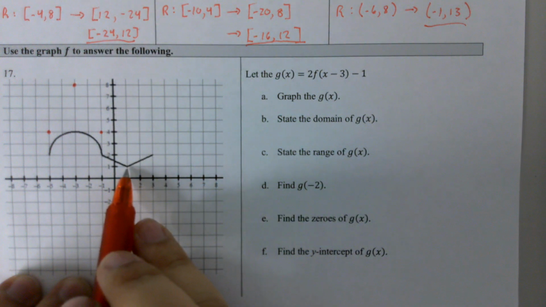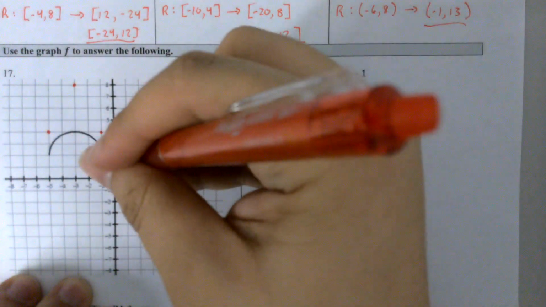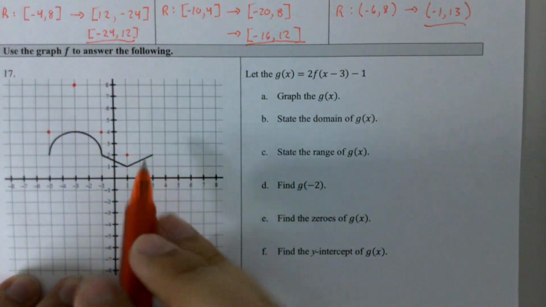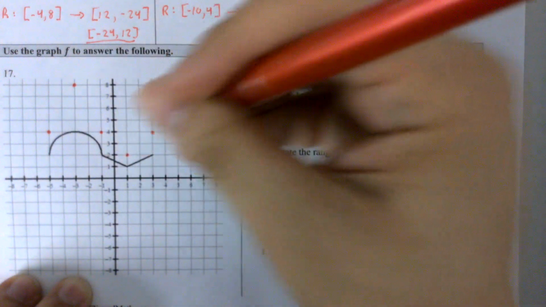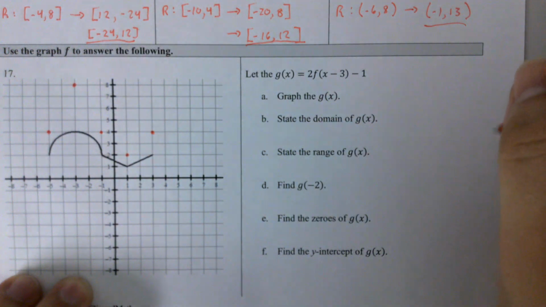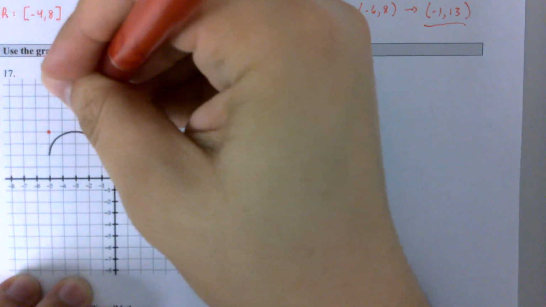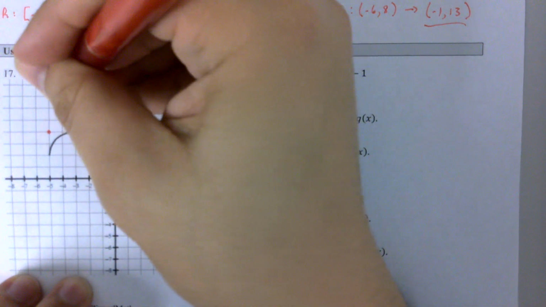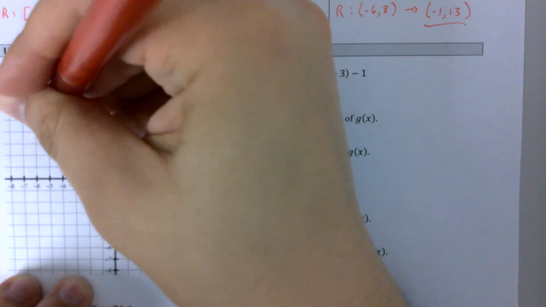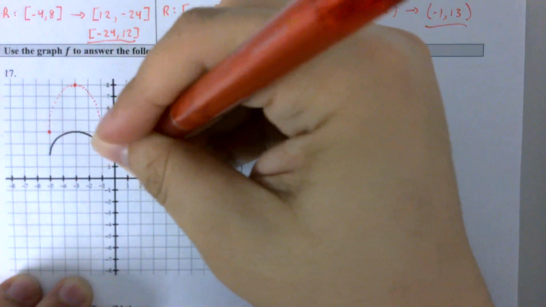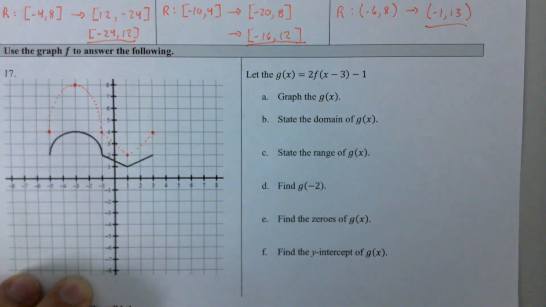For this point right here, we have a y value of 1. It's going to go to 2. And a y value of 2 is going to go to 4. So just the vertical dilation here already made our function look like this. So it got stretched out by a factor of 2.